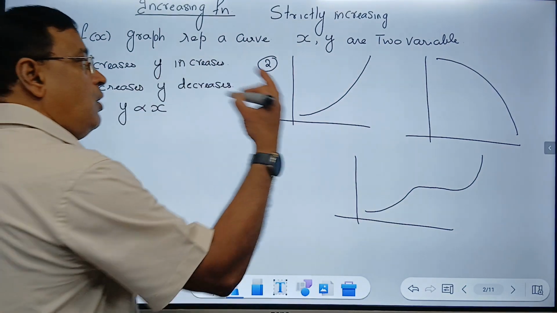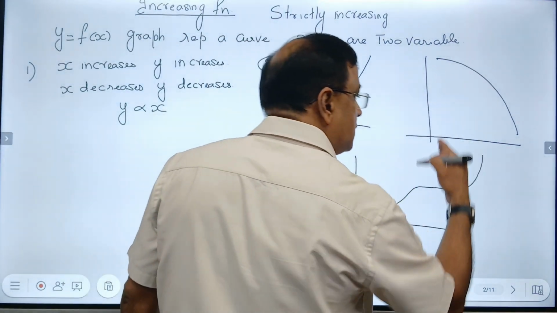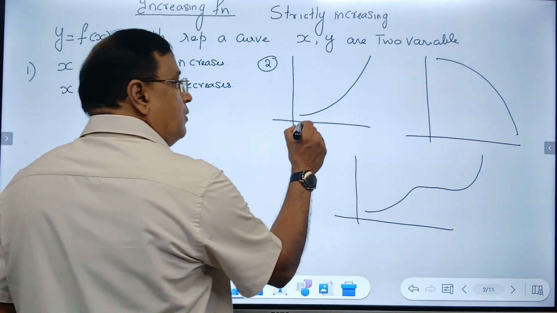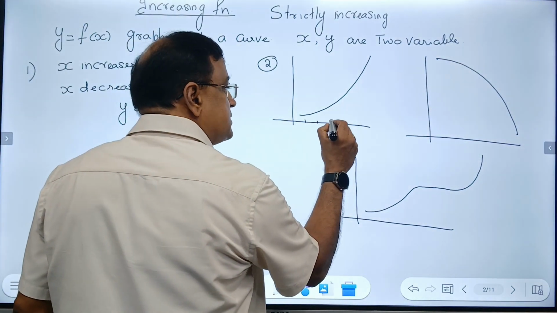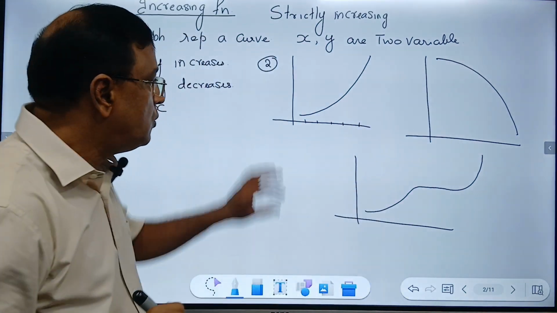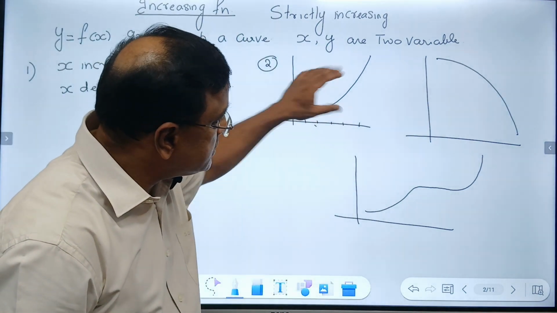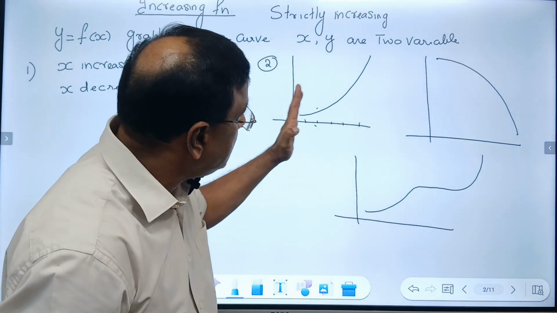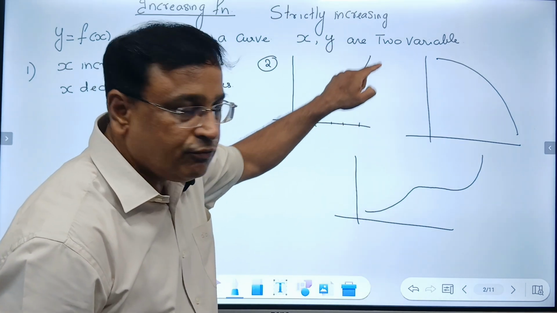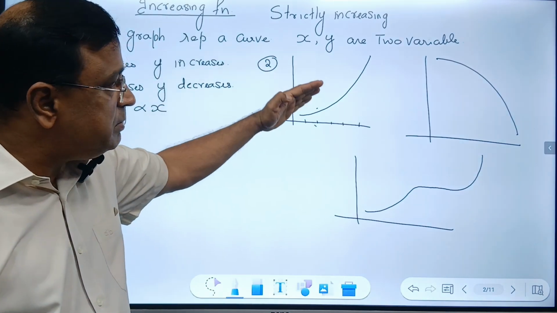This is how an increasing function graph will look. You can analyze for yourself: when x is increasing, y also increases. So an increase in x corresponds to an increase in y.